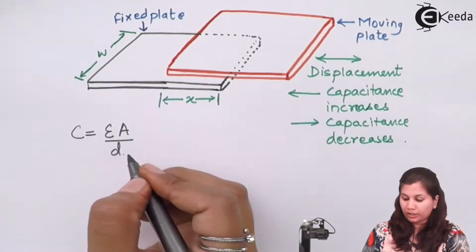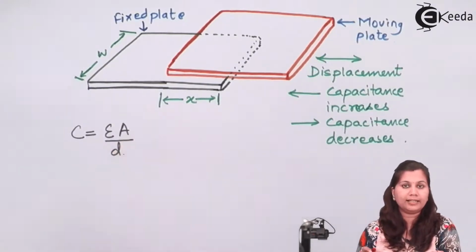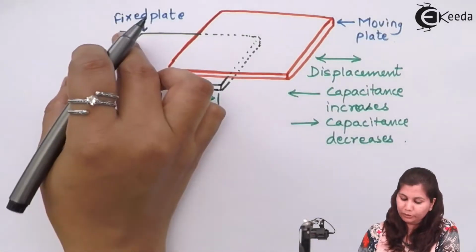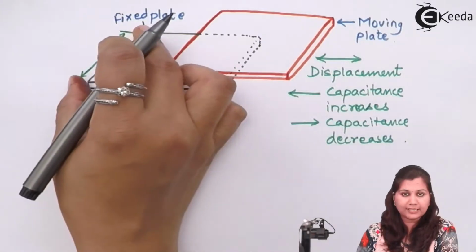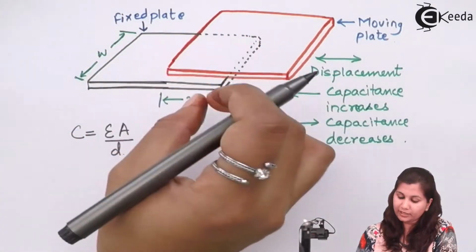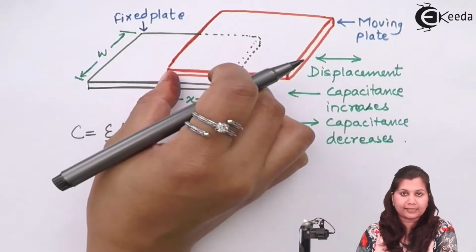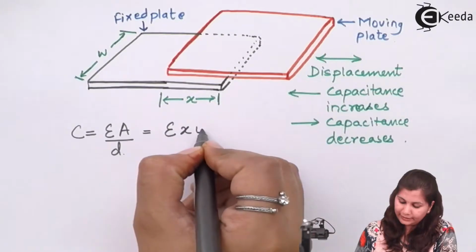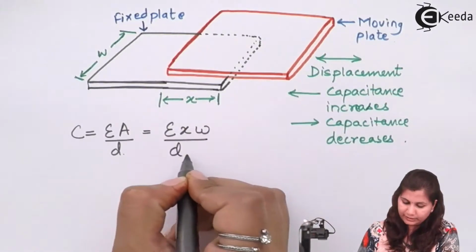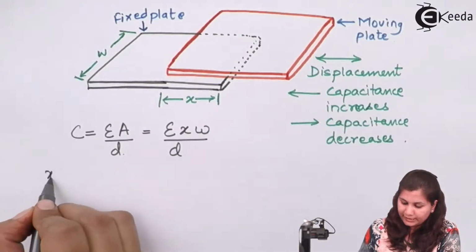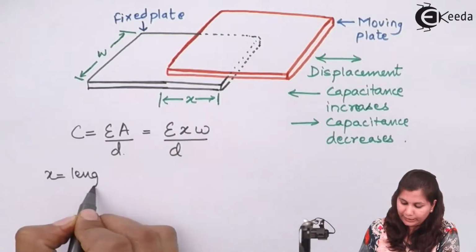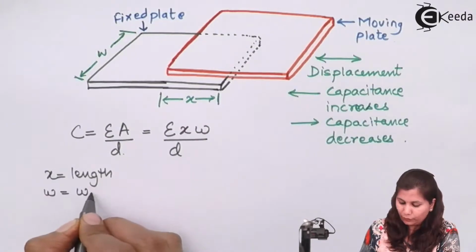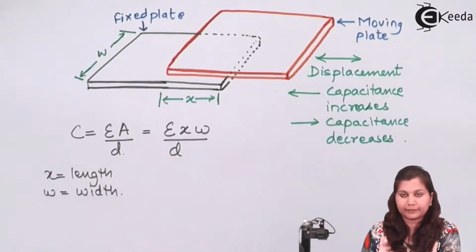Okay, now area is what? It is the length into breadth. Now the length is X and the breadth, or width, is W. So here we have epsilon, X and W, and this is D, where X is the length of the overlapping part and W is the width of the overlapping part.